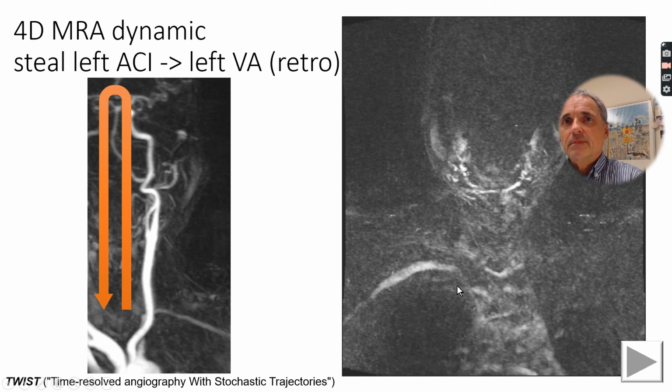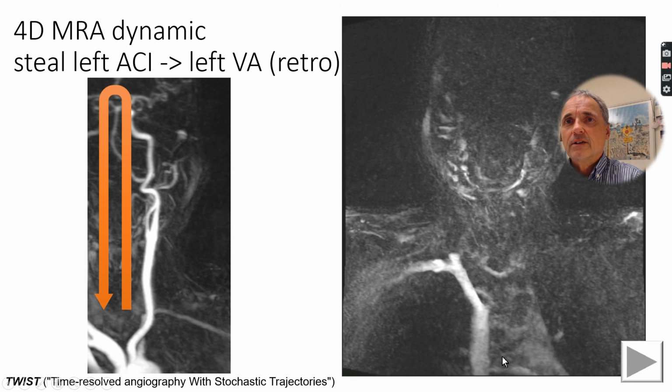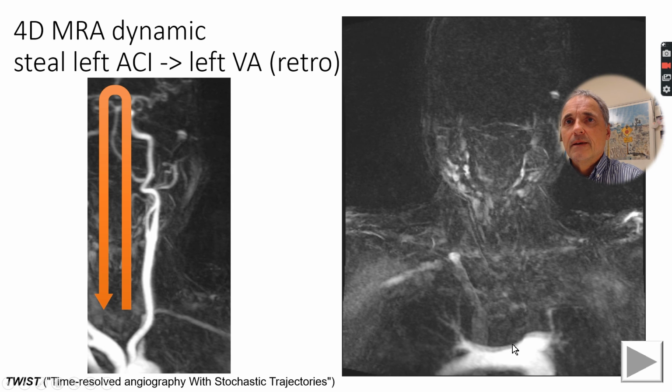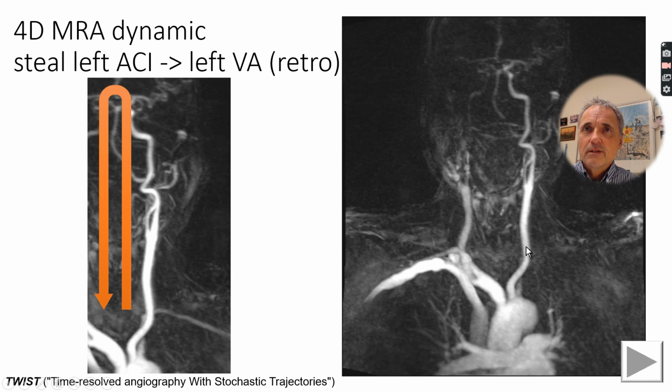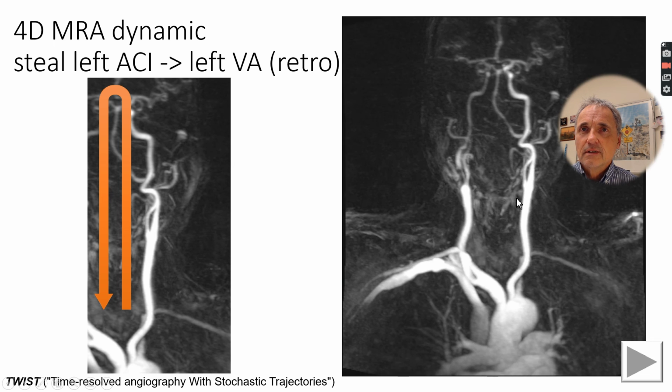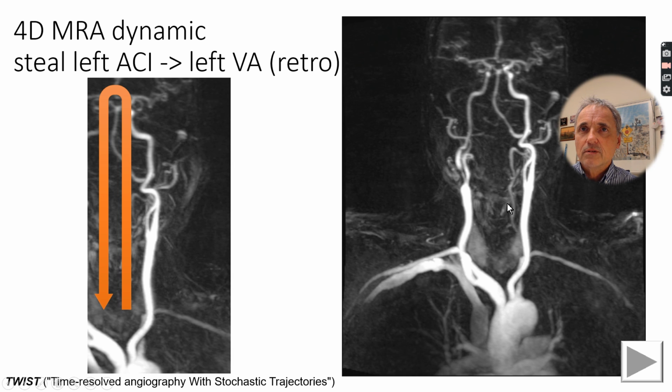So we have the right brachial vein, we have the aortic arch filling, we have the left internal carotid. The right internal carotid comes slowly because there is the stenosis. So we have the left internal carotid, and we see also the filling of the vertebral artery retrograde. The vertebral artery is filled completely now and goes to the left subclavian artery in case of anterior-posterior steal syndrome.